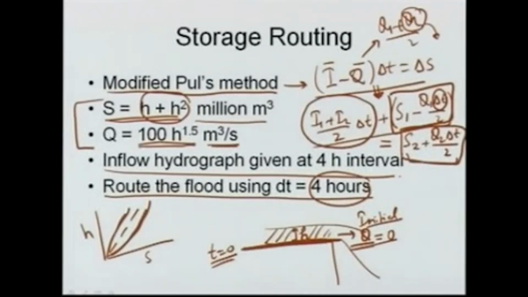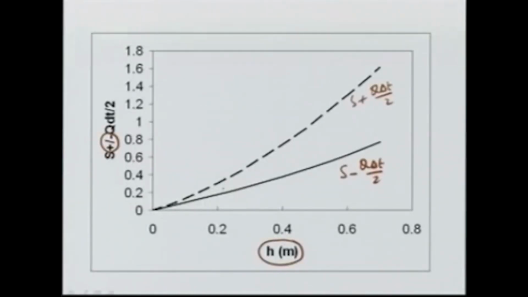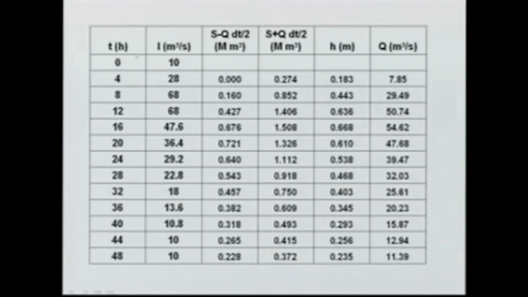Now, s minus q delta t by 2 will be known for the starting value of h. I bar delta t we can obtain from the inflow hydrograph, and therefore we can get this value of s plus q delta t by 2, and once we know this value, the corresponding value of h can be obtained from this figure. So, the calculations proceed like this: t in hours and inflow in meter cube per second is given to us.